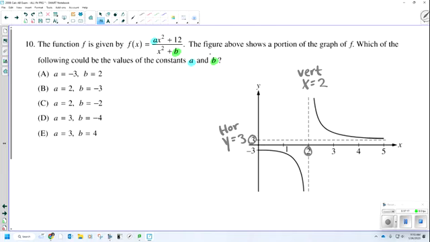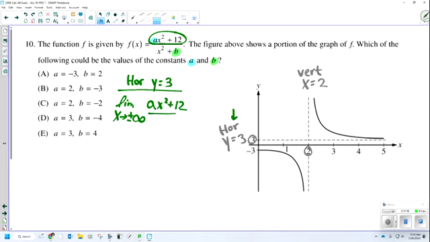All right, let's go with a. Let's find a first. Alphabetically, it's naturally first. In order to get my horizontal asymptote at y equals 3, I need to take the limit as x goes to either positive or negative infinity of my function, (a x squared plus 12) over (x squared plus b).